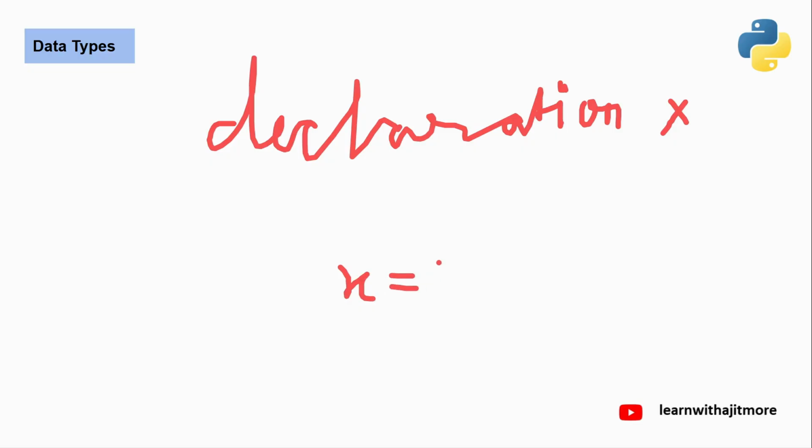X equal to 10, I cannot do it. First, you have to declare that variable. And when you're declaring, you have to tell its data type. Suppose example, int X. So when you declare, you're telling the name, its data type, and then only you're allowed to use it. Such rule is not there in Python.